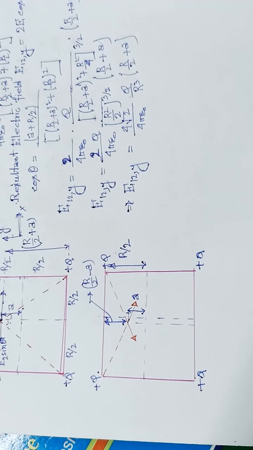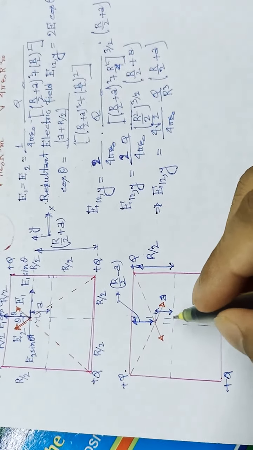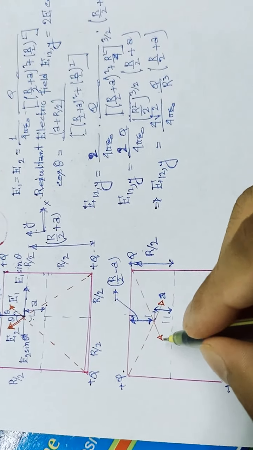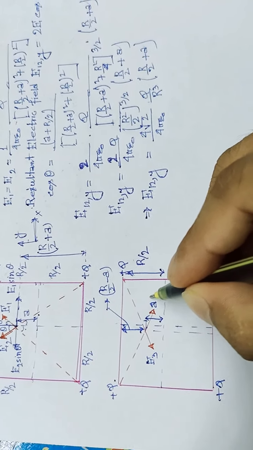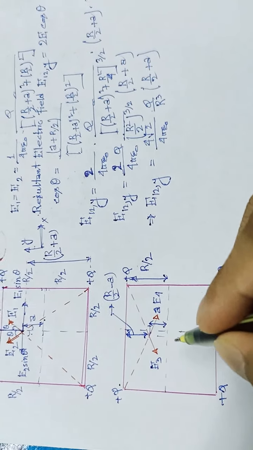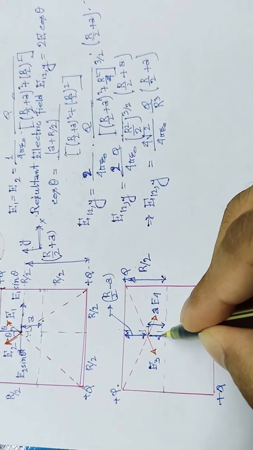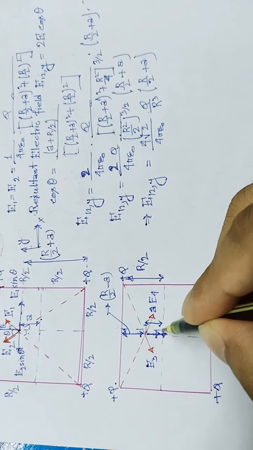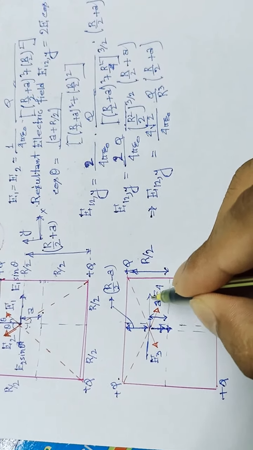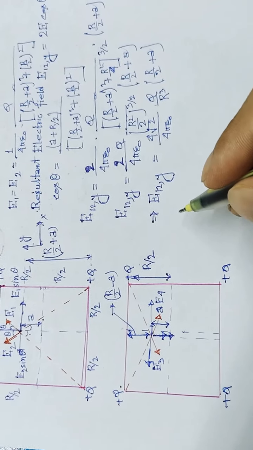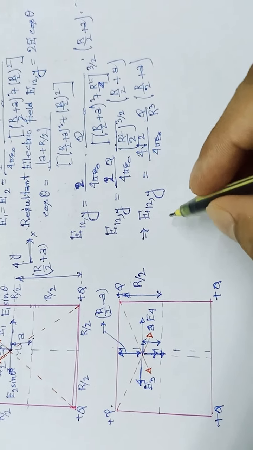Now if we divide this electric field into components, let this be our electric field E3 and this be our electric field E4. So there will be two components of electric field in this direction, and in this direction the components will cancel each other. So therefore we can write E34.